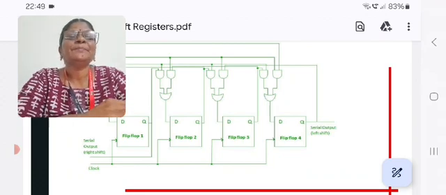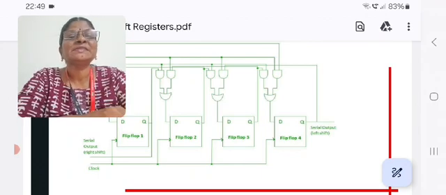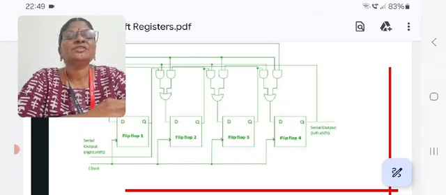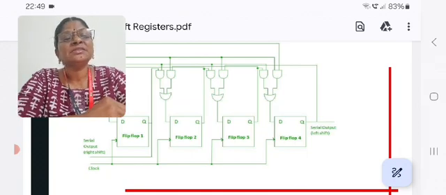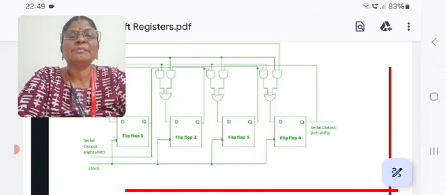So both directions are present here, shift right and shift left, and we have a common clock pulse and also a preset and clear pin. Both shift right and shift left will not be accessed at a time. If shift left is active, shift right will be disabled, and if shift right is active, shift left will be disabled.